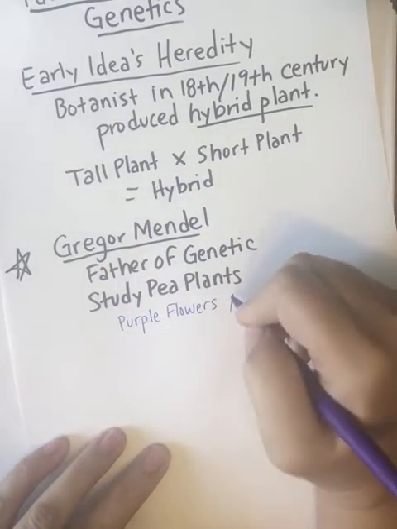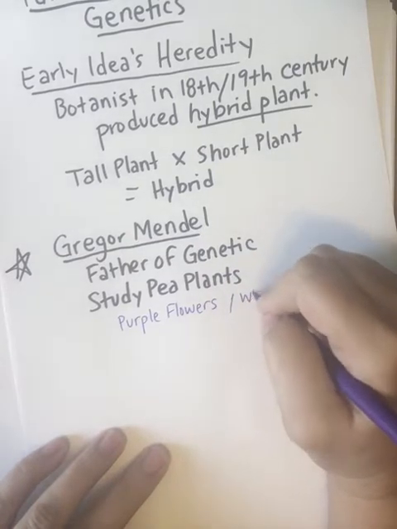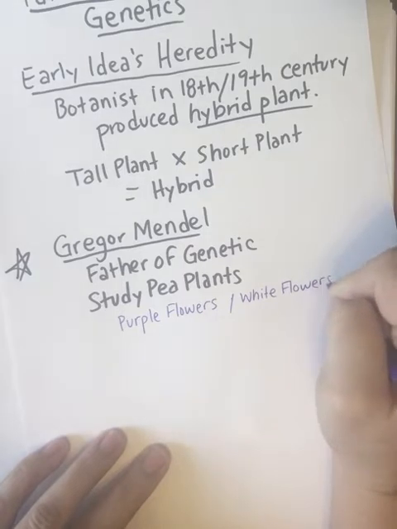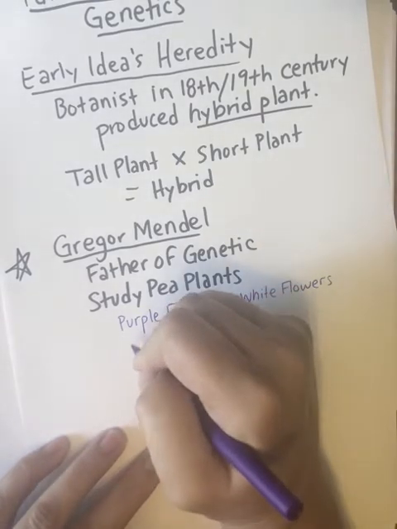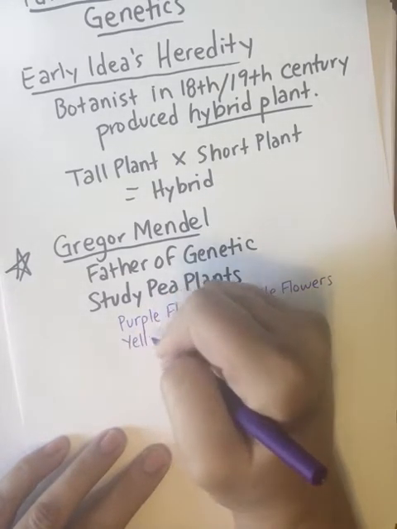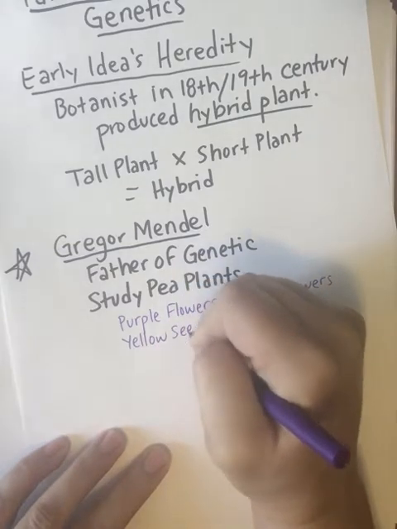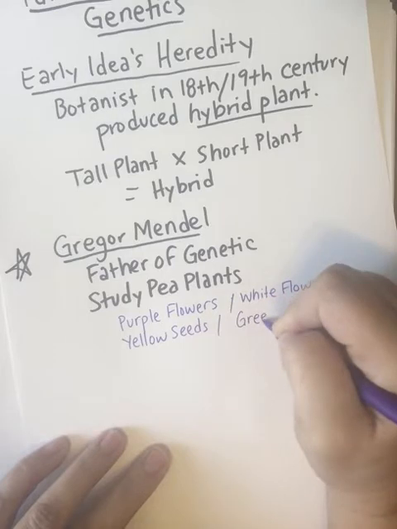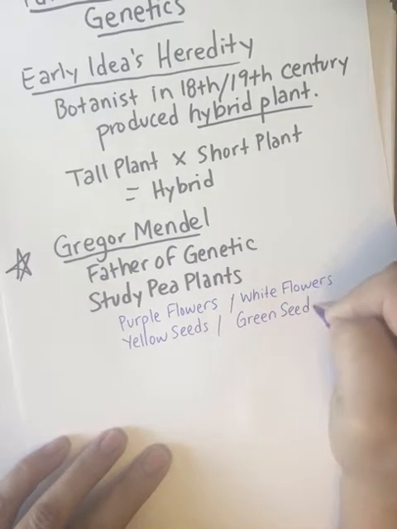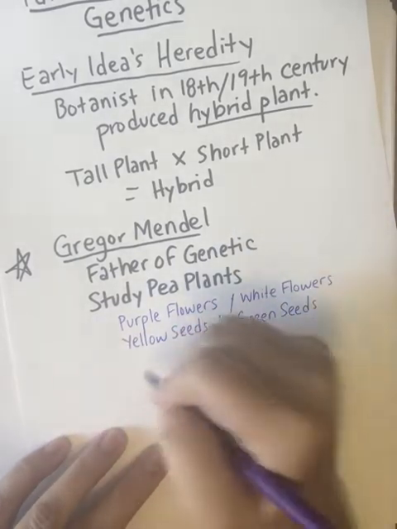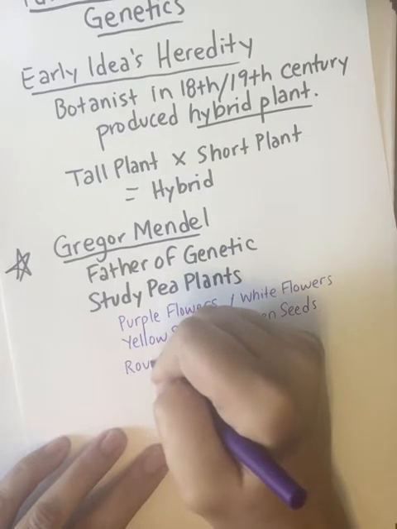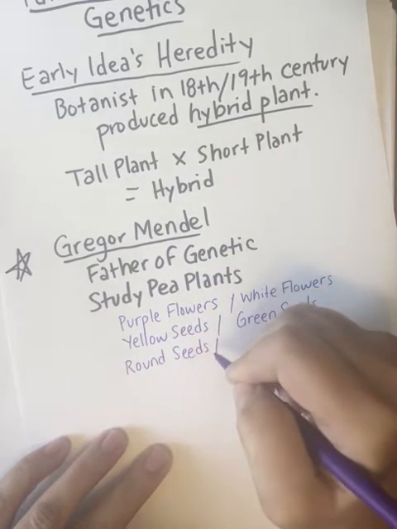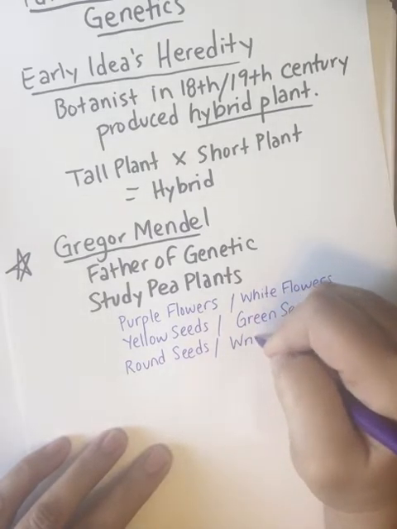And there are also white flowered plants, so their flowers are a different color. Now their seed colors: some of them had yellow seeds, and some of them had green seeds. The seed shape, some of them had round seeds, and some of them had wrinkled seeds.